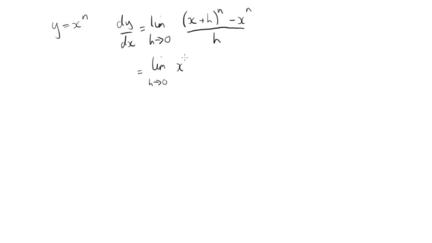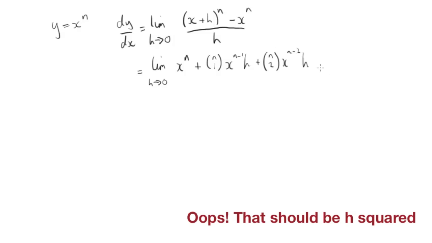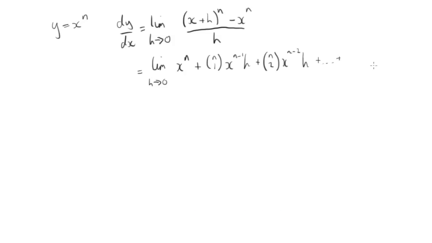The expansion is x to the power n plus n choose 1, x to the power n minus 1 times h, plus n choose 2, x to the power n minus 2 times h squared, and that's going to go on lots and lots of times for n times.